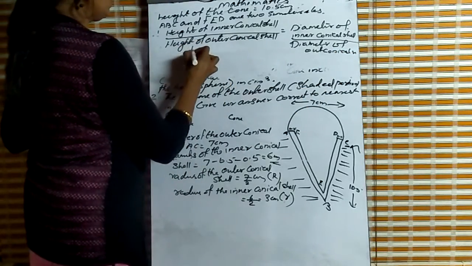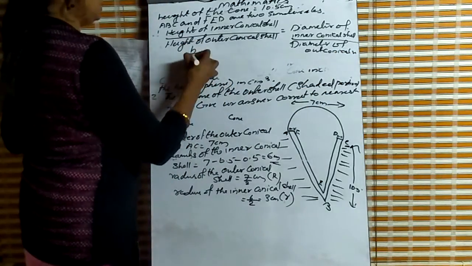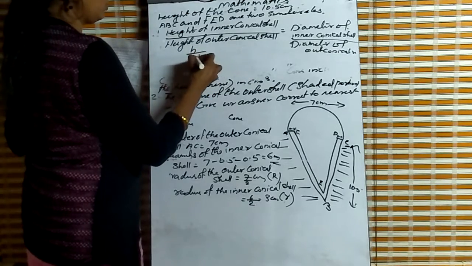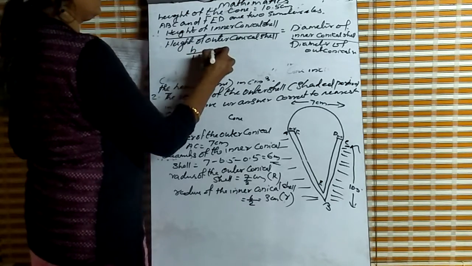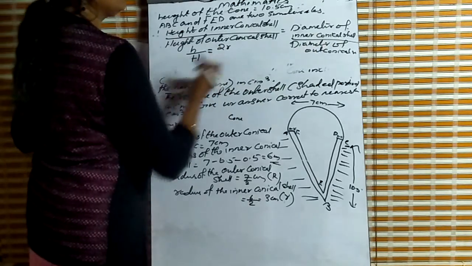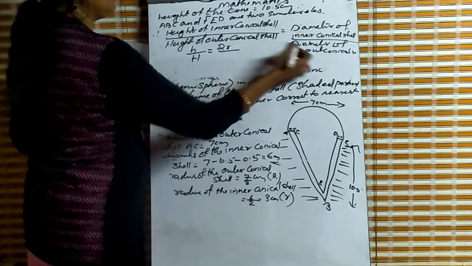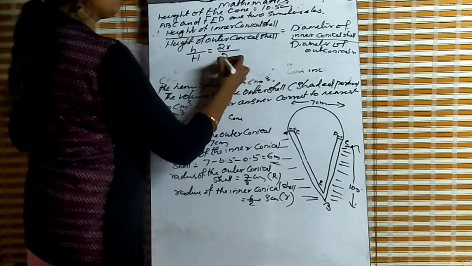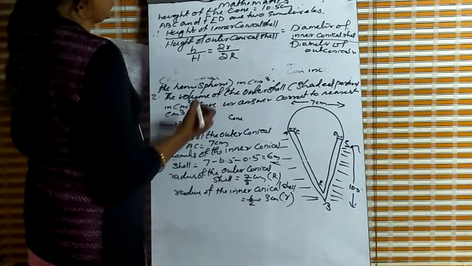Small h divided by capital H is equal to 2r divided by 2 capital R.